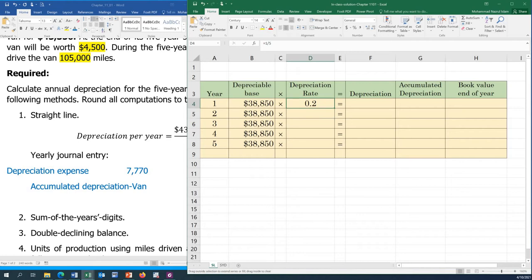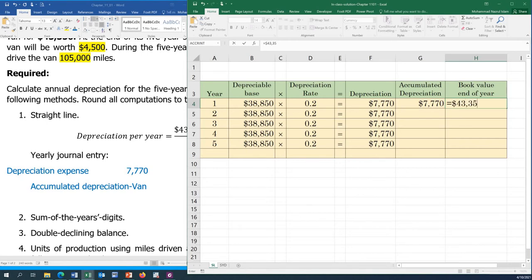Every year it is 20% because it is the straight line method, and the depreciation for the first year would be equal to the depreciable base multiplied by the rate. So 7,770, and this is the same amount for every year. Now accumulated depreciation for the first year is the only amount we have, and the end of year book value would be our initial book value minus the accumulated depreciation.